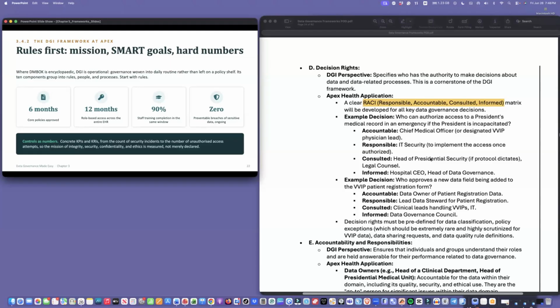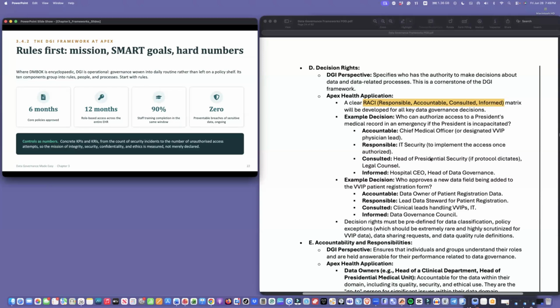So responsible is IT, in terms of who is going to implement IT security, to implement access once authorized. So when it's authorized, the IT security will allow us to have access. Who will be consulted to be able to show that this is done legally? The legal counsel and then the head of presidential security. It's not just any security, the head of presidential security.